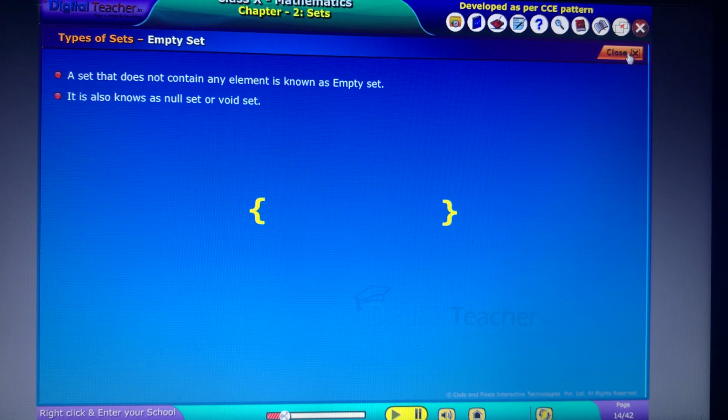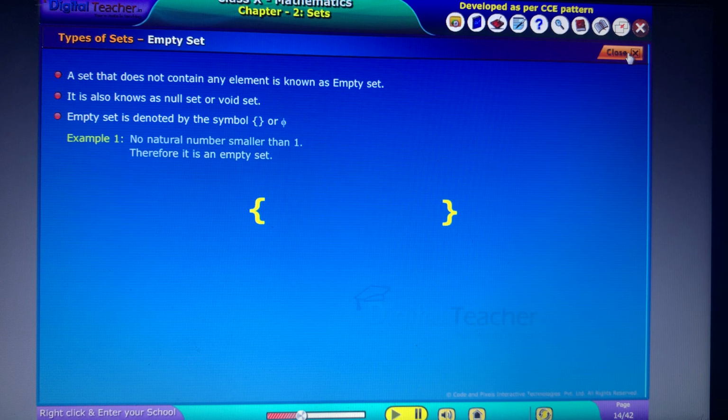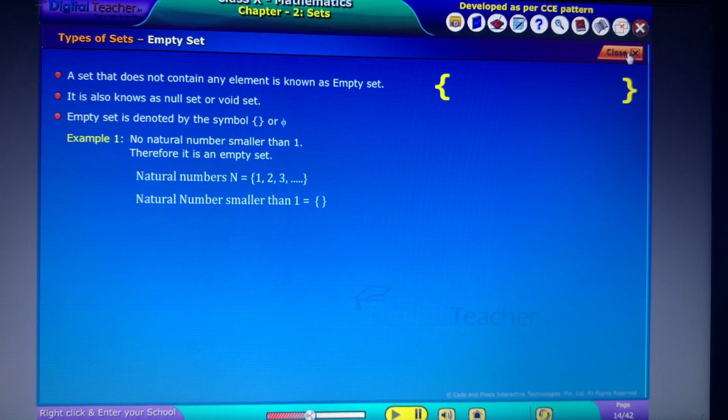It is also known as null set or void set. Empty set is denoted by the symbol shown on screen. Example. The set of natural numbers smaller than 1. Here, the above example is an empty set because there is no natural number smaller than 1.